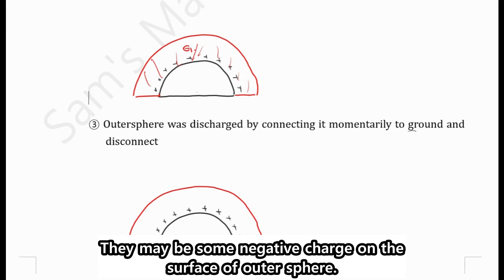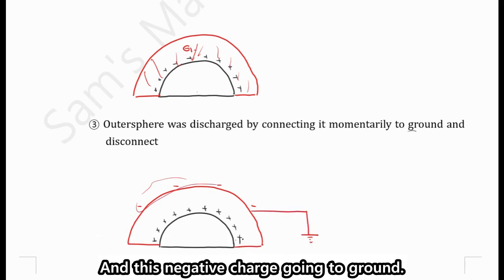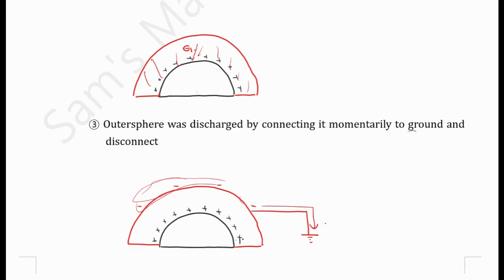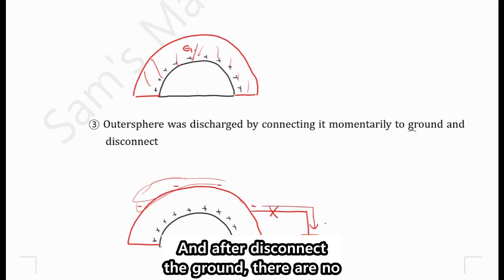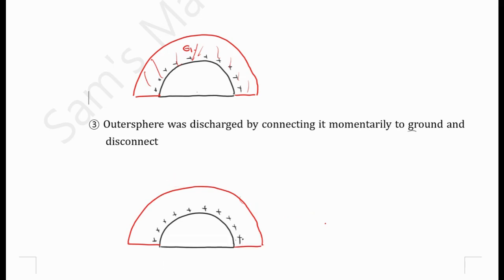There may be some negative charge on the surface of the outer sphere, so we need to eliminate these negative charges by connecting to ground temporarily. The negative charge goes to ground, and after disconnecting the ground, there is no negative charge on the surface of the outer sphere.